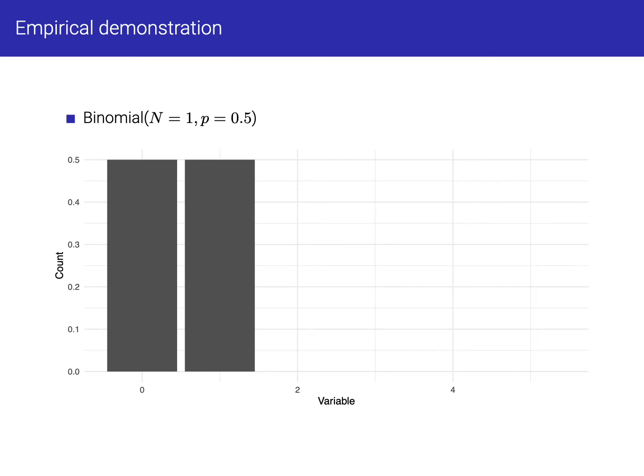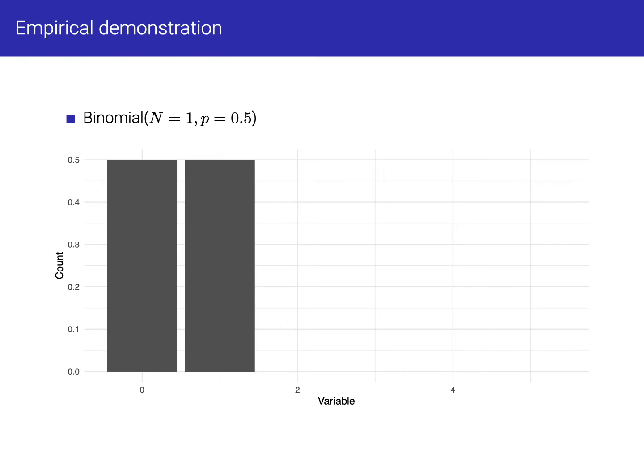So let's say here, for this example, I'm going to say that I have a binomial distribution with N equal to 1. So I only have one trial, and the probability is 0.5. So this is actually like a Bernoulli distribution with probability 0.5. So you can think of it as tossing a coin, and let's say you get a score of 1 for heads, a score of 0 for tails.